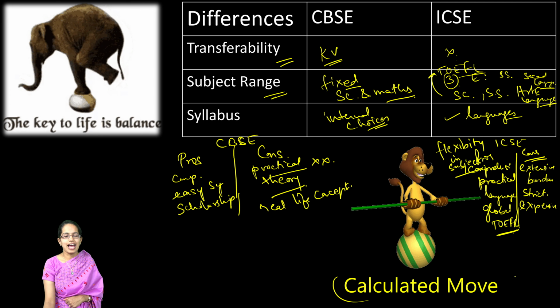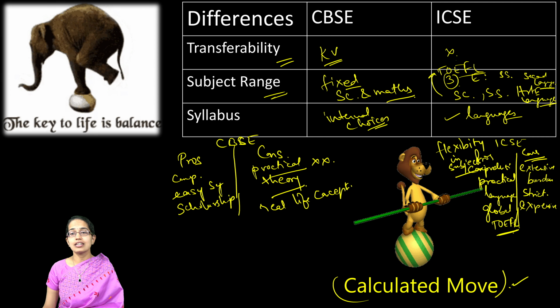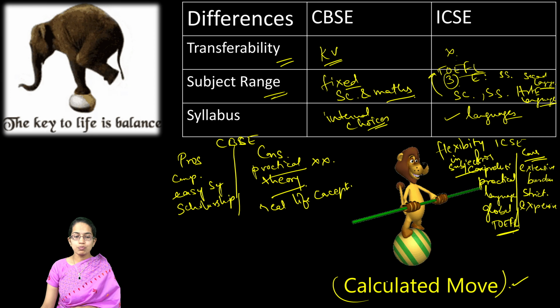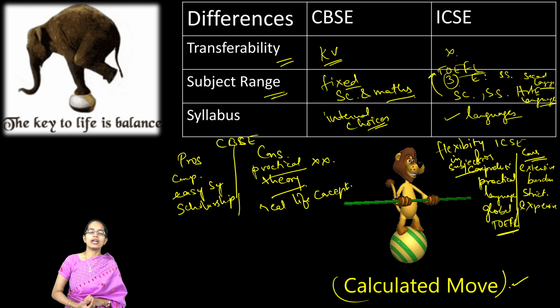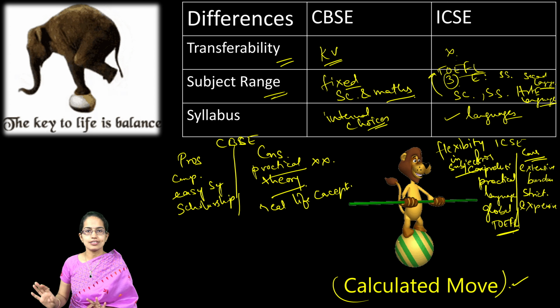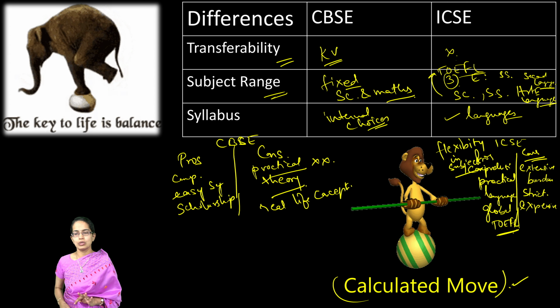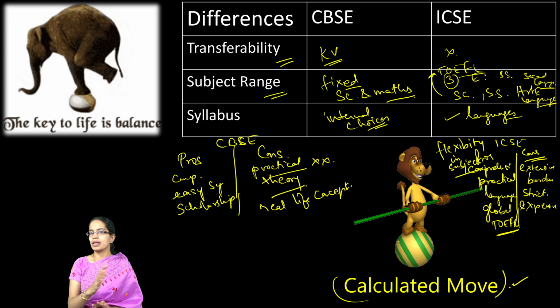Now, what is a calculated move? As a parent, as a student, it's really a tough time to decide which board to opt for, which board not to opt for. But before understanding this calculated move, let's first talk about where both of these stand equal. Definitely the core subjects remain the same for both.